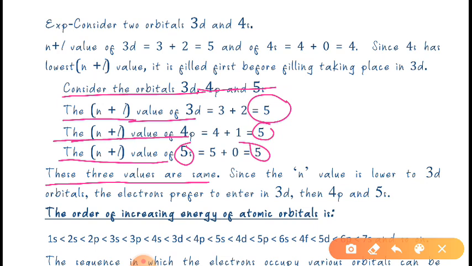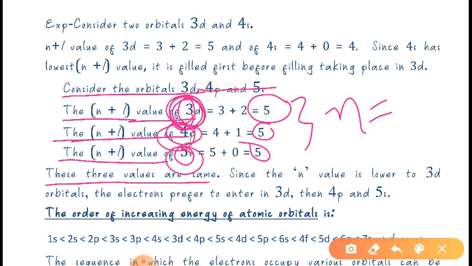When these values are the same, as told above, we give preference to the lowest n. The n value in 3d is the least, after that 4p, after that 5s.